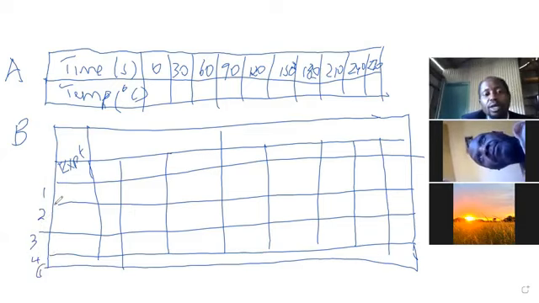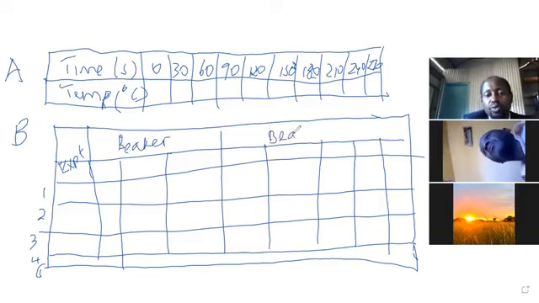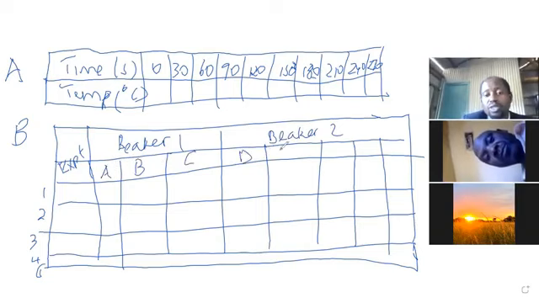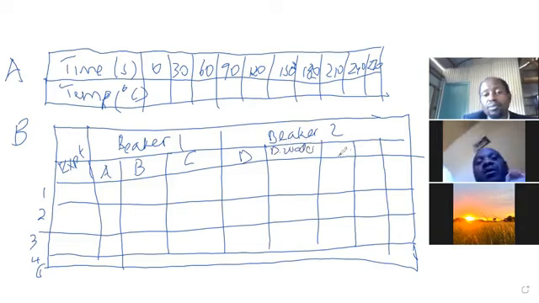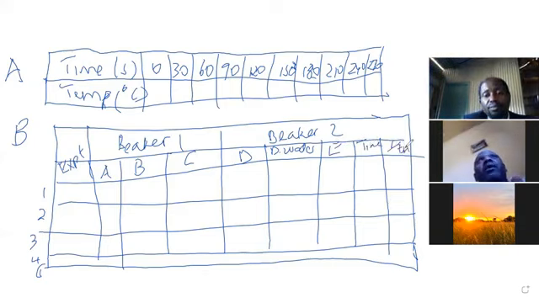Then we have beaker 1, and beaker 2. Maybe this is a solution A, solution B, solution C, solution D, and then distilled water. Then solution E, then time, and 1 over time. Time in seconds and 1 over time.